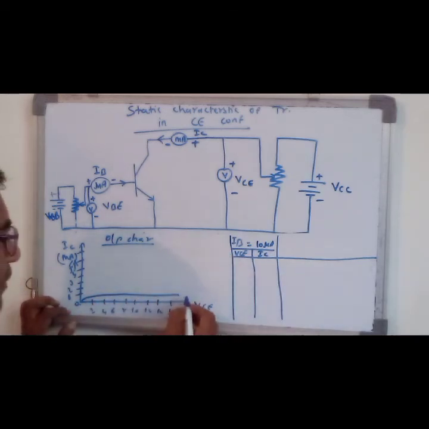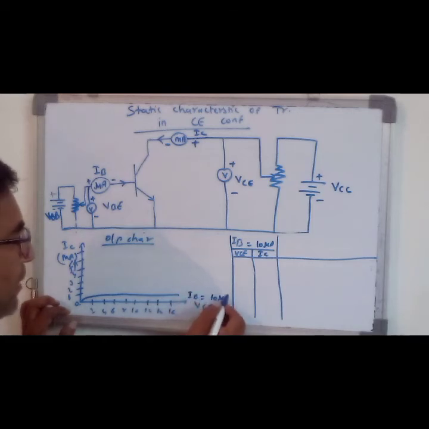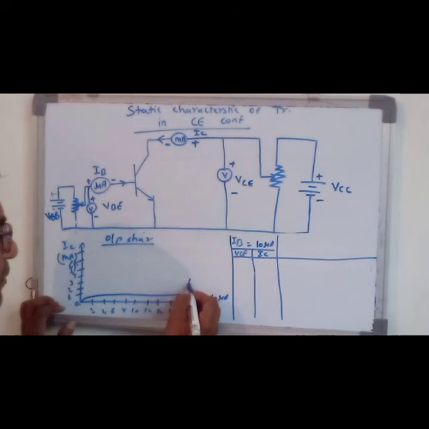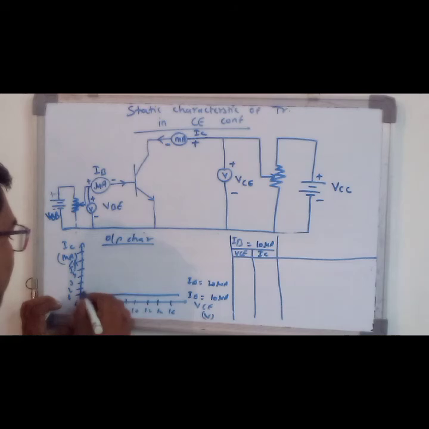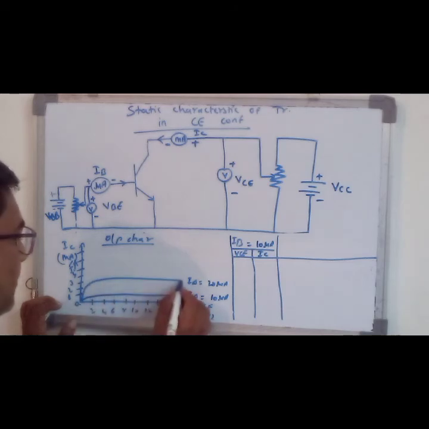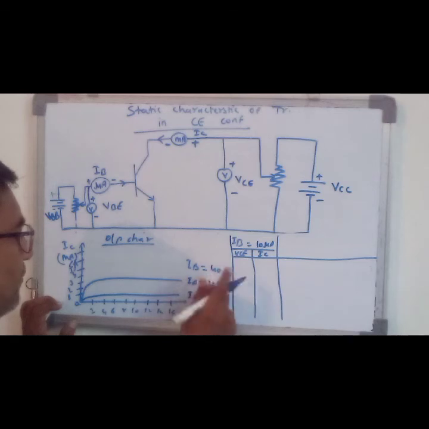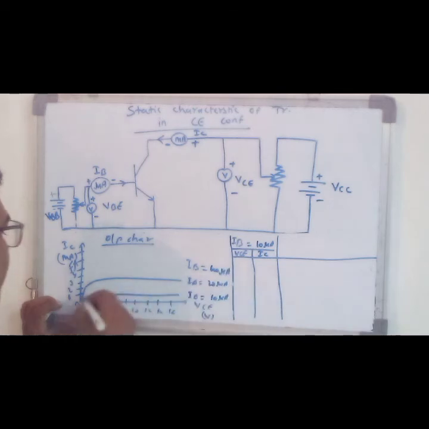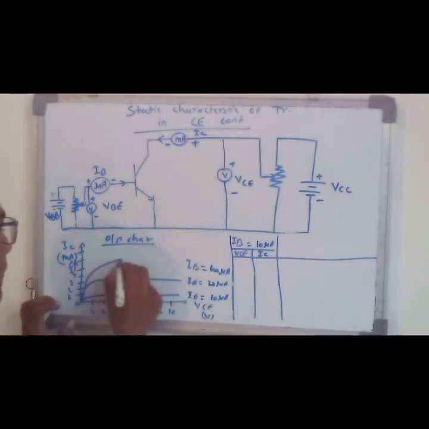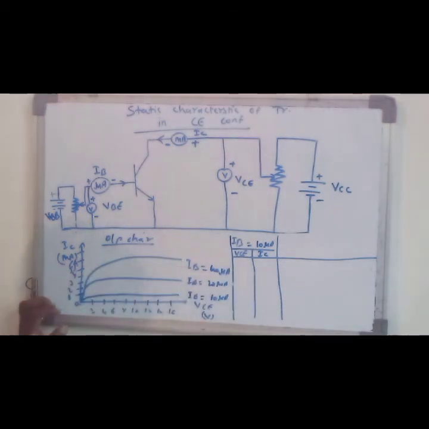If IB is equal to 20 microampere, then again you will get a curve like this. If IB is equal to 40 microampere, then you will get this one.